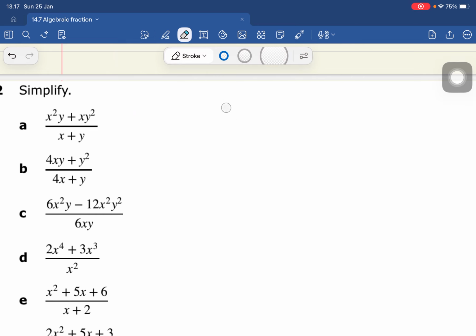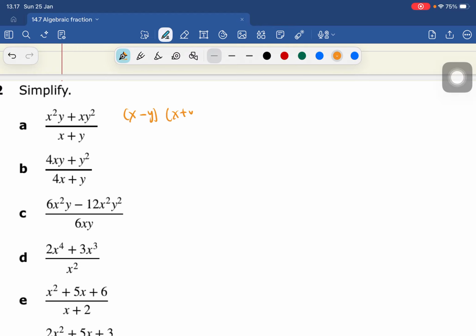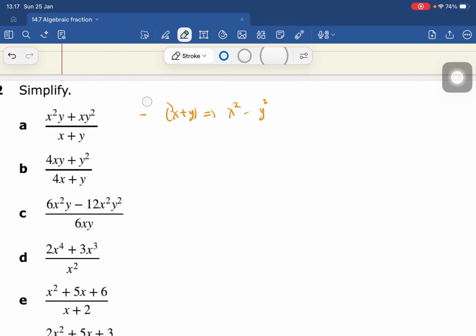It doesn't work this way. Let's make it x minus y and then x plus y. So here it's going to be x square plus y minus y square. So this also doesn't work this way.